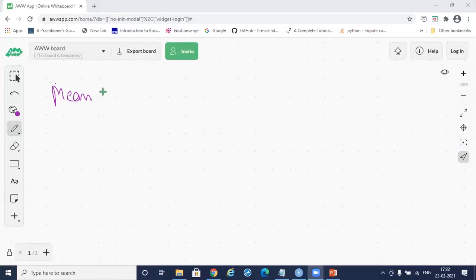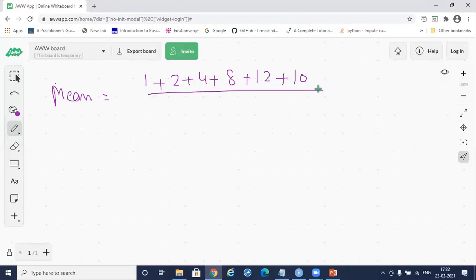Now how to calculate this mean? Suppose I take any numbers: 1, 2, 4, 8, 12, 10. If I want to find out the mean, I have to add all the data and then divide it by the total number of counts.